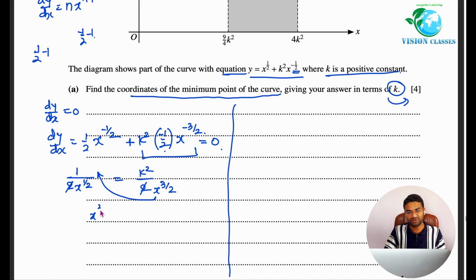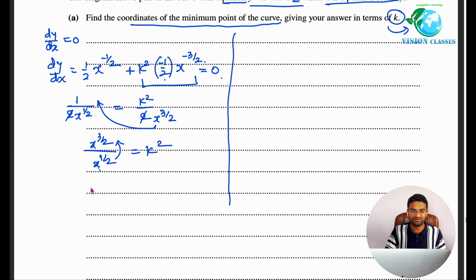So x^(3/2) divided by x^(1/2) is equal to k^2. Then x^(3/2 - 1/2) = k^2. Now 3/2 minus 1/2 is 2/2, which is just 1, so x = k^2. This is the x value of the minimum point.